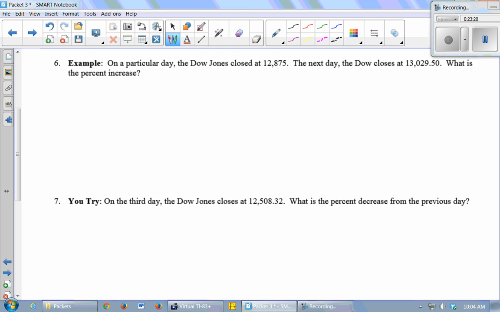Okay, so let's let X be the percent increase, as a decimal. We'll change it to a percent at the end. So I'm going to take my 12,875, and I'm going to say I multiplied that by some number to increase it.